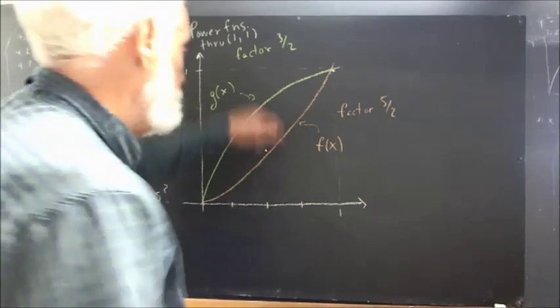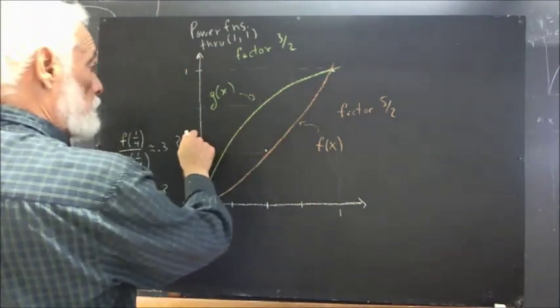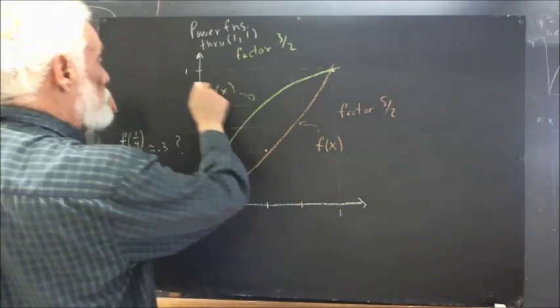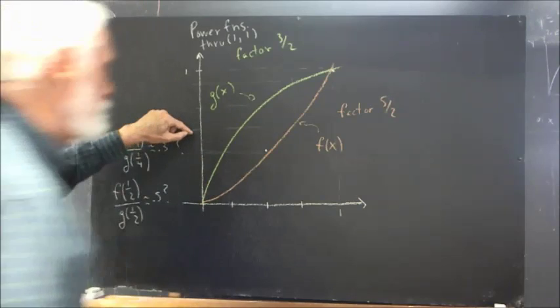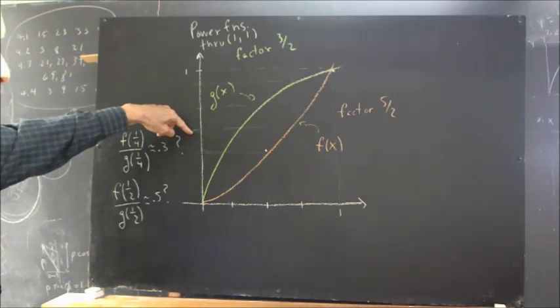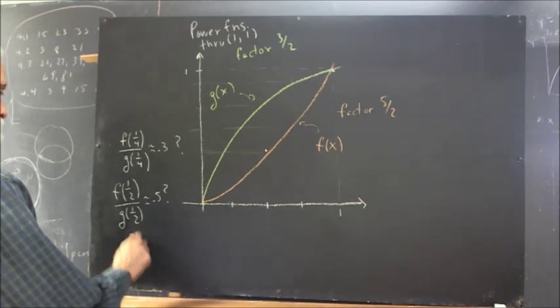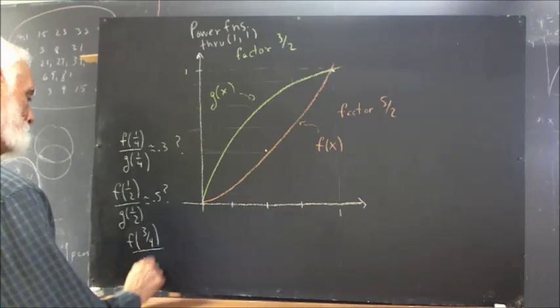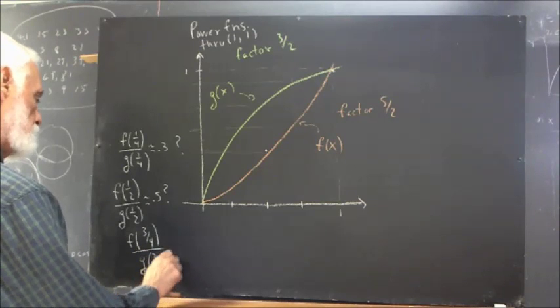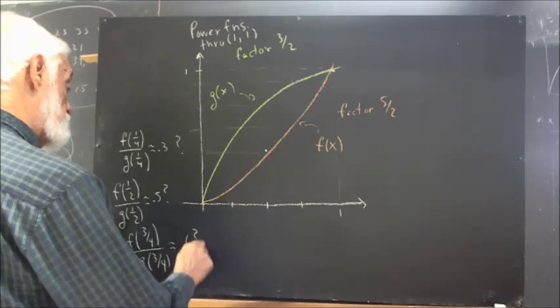Okay, what about here? Well, here would be my two values. I come over here, and I come over here, and that one's actually a little low, but this one looks to be maybe 6/10, maybe 7/10. And that would be f of 3/4 over g of 3/4. Is that 6/10?